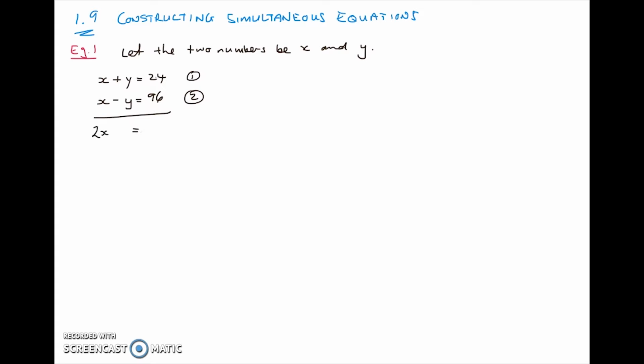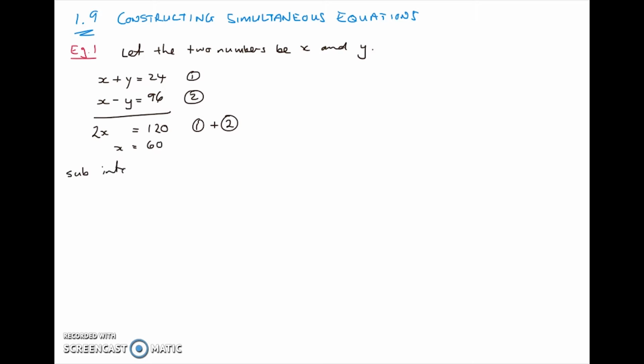So if we add the two equations together, we get 2x on the left-hand side, and on the right-hand side we have 120. And now to solve for x, we'll divide by 2 so that x equals 60. So one of the numbers we know is 60.